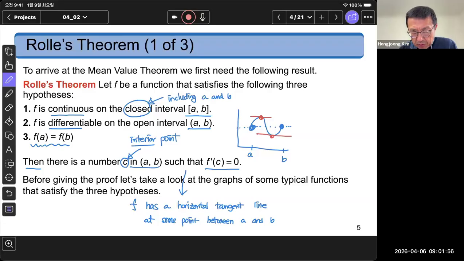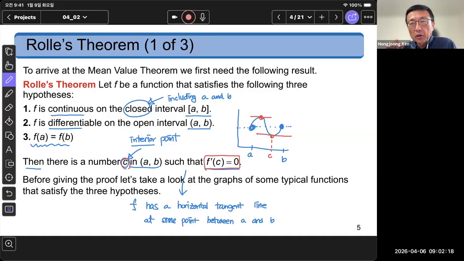So we have some point c between a and b such that f prime of c is 0. That means we have a point c between a and b such that the tangent line is horizontal.